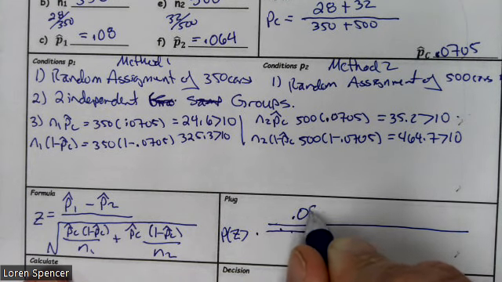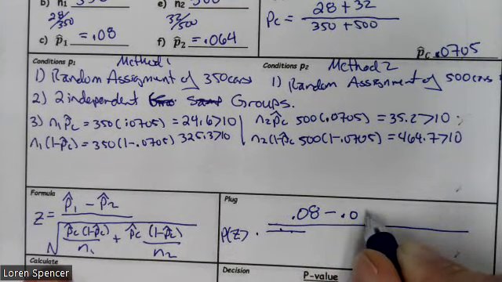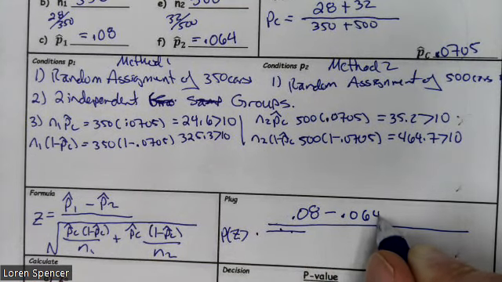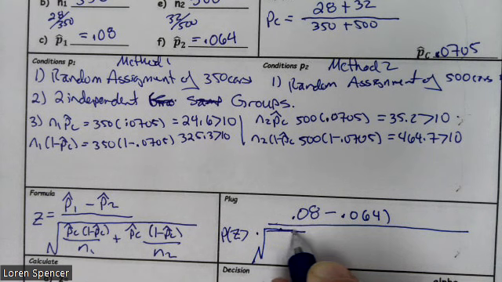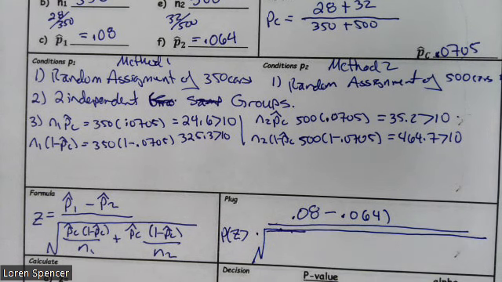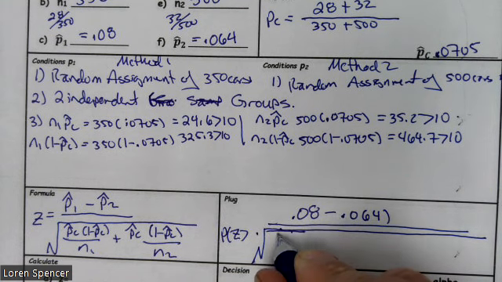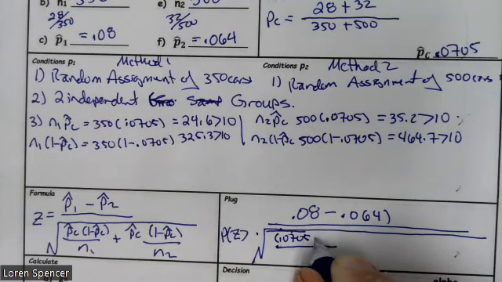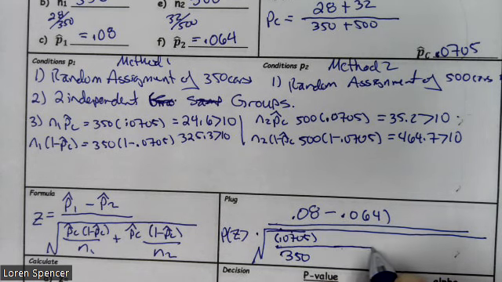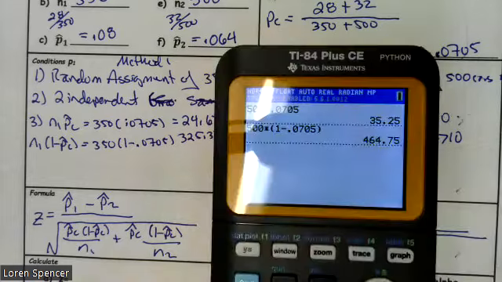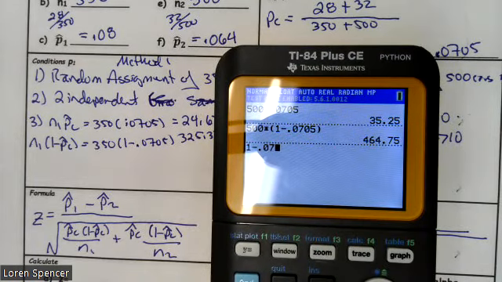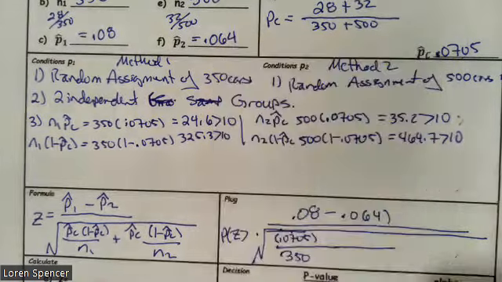So 0.08 minus 0.064, and we said P hat C is 0.0705. So 0.0705 over, our sample size for 1 was 350, and I'm going to go ahead and subtract that. 1 minus 0.0705 gives me 0.9295.